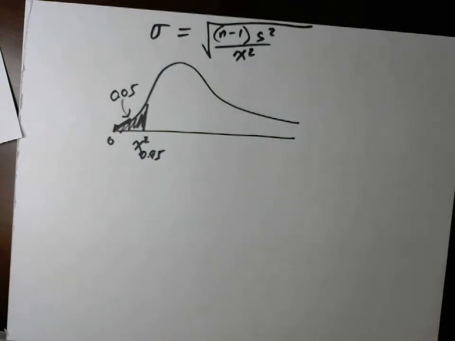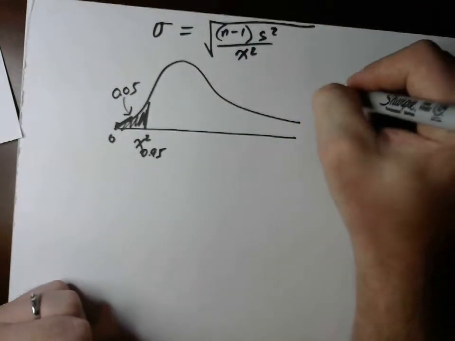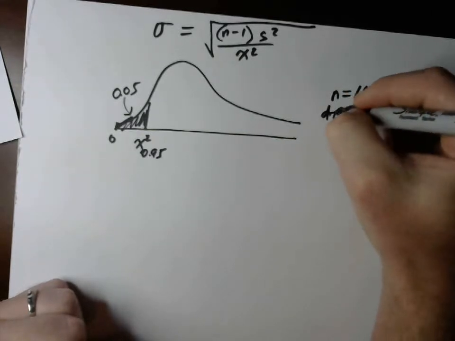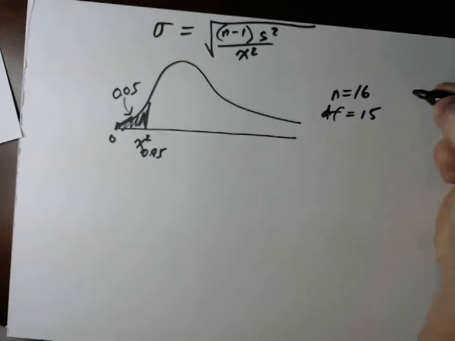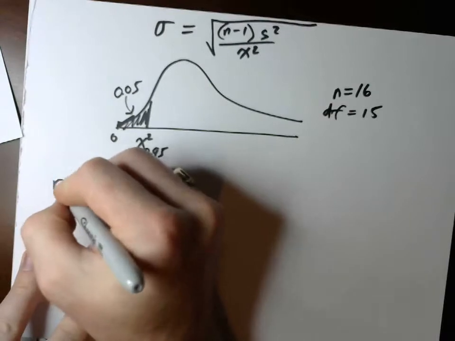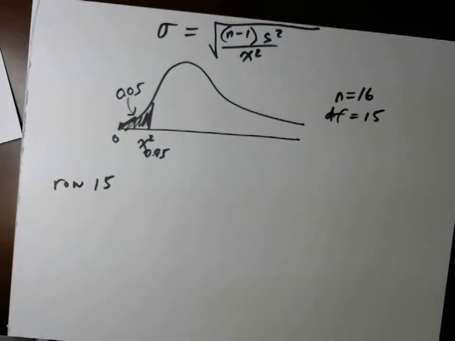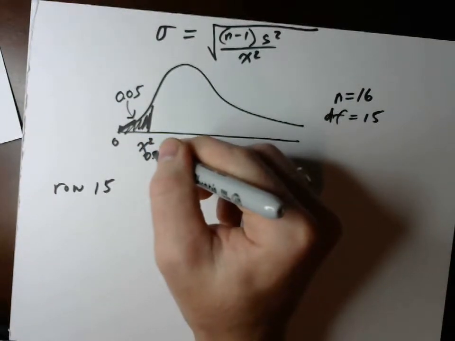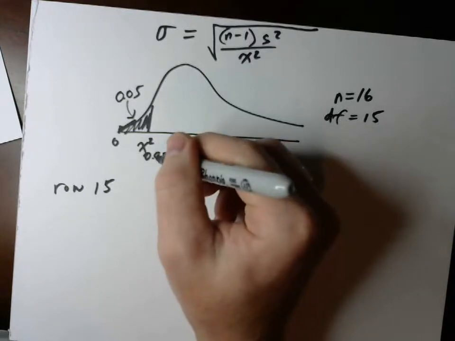So for this example, let's consider that we are looking at a degrees of freedom of 15. So let's imagine we have n equals 16. Then df equals n minus 1, which is 15. So we would look at row 15, and to find this chi-squared value, we would be looking for 0.95.